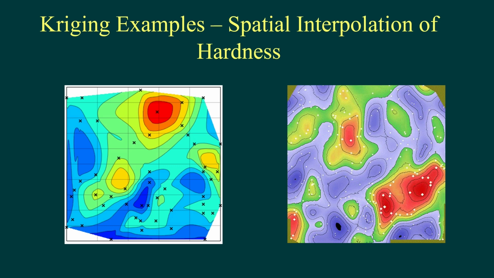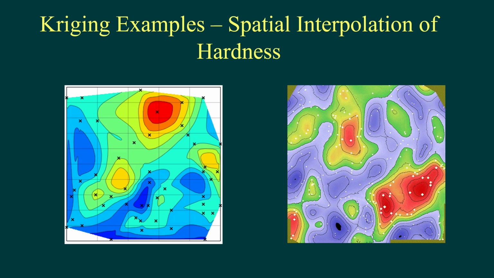And in our case, we're looking at hardness information. It could be used, if we look at this false color map on the left hand side as an example, to interpolate between these black crosses. Let's say these black crosses represent the results from laboratory tests on drill cores, and this is a horizontal slice through our pit.